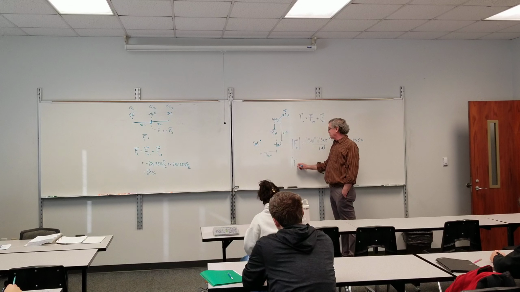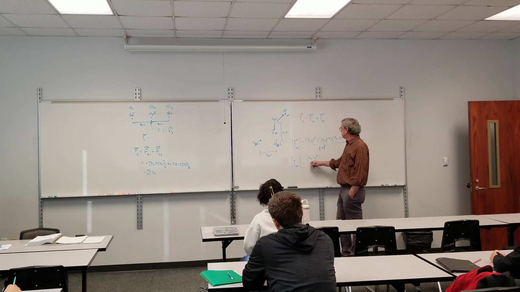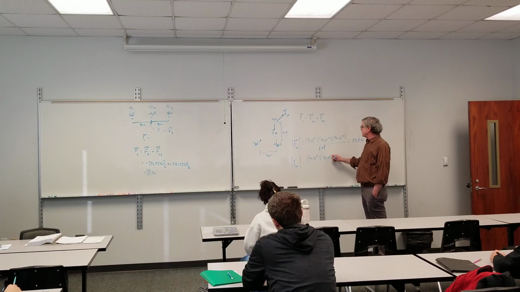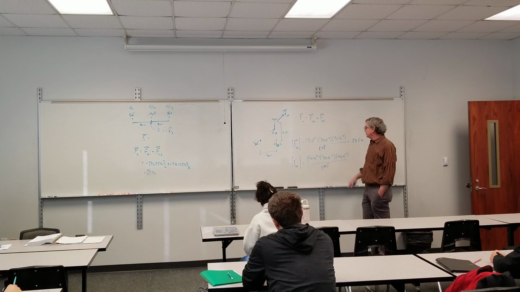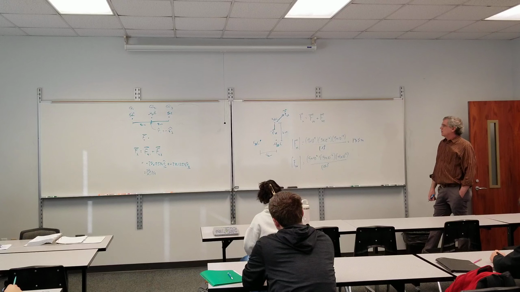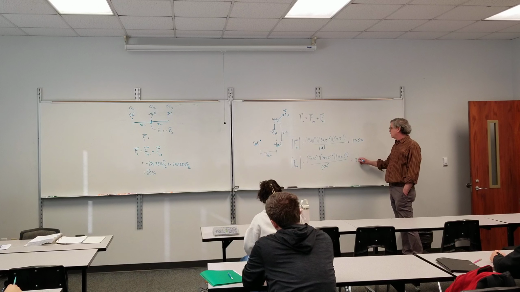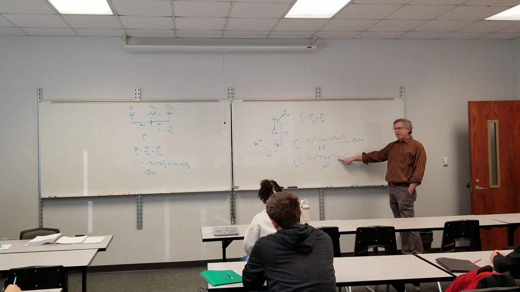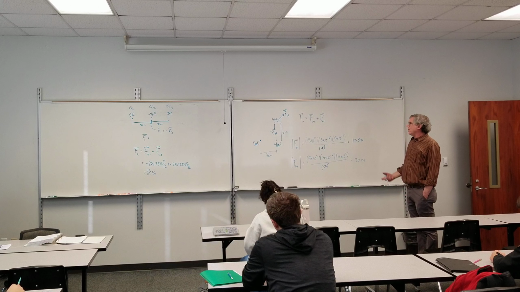The magnitude of force on 3 from 4, 9 times 10 to the 9th, times 3 times 10 to the -6th, times 4 times 10 to the -6th, divided by 0.06 squared. Never took my minus sign. It's absolutely fine. All right, so I now have the magnitudes of these two.